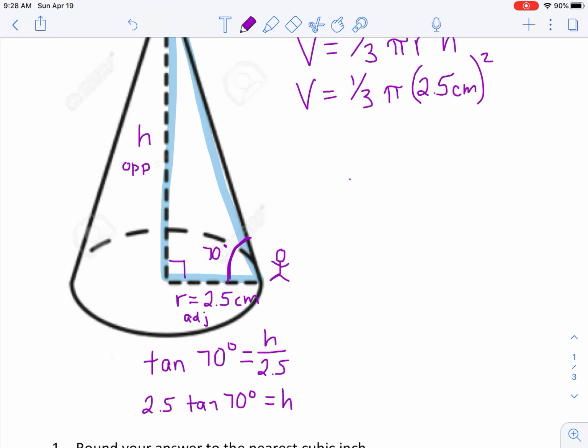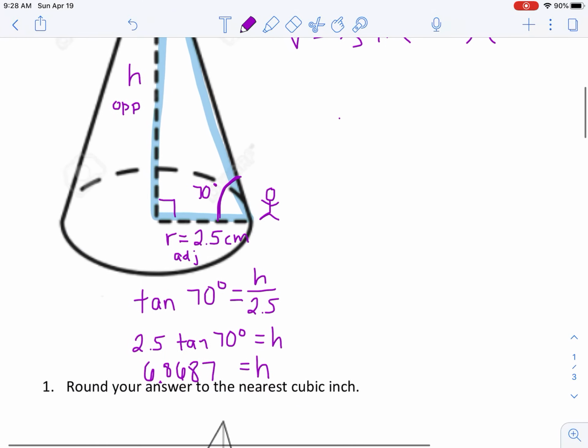Make sure it's in degrees before you type it in. 2.5 times the tangent of 70 gives me, now, I'm not rounding to the nearest tenth yet. So write a lot of this. 6.8687. I won't round until I get to the end.